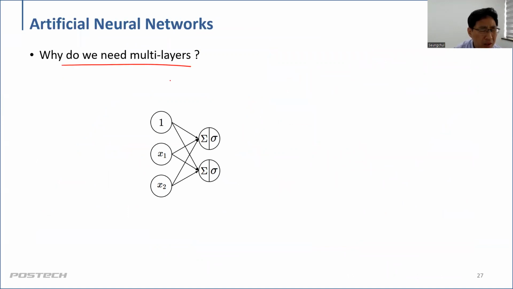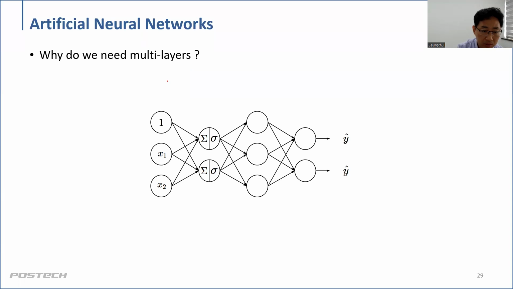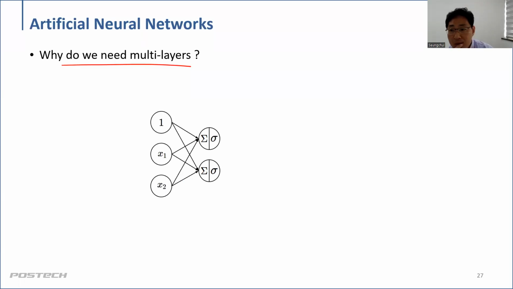Why do we need multi-layers? Let me go back to, okay. Why do we need multi-layers? Input and output. Okay. Linear classifier or linear mappings as a kernel.